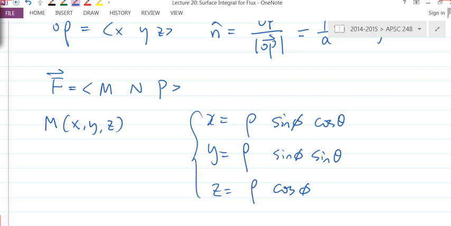This is the coordinate change between Cartesian and spherical. Do you remember that? But now we're talking about the spherical surface of a radius of A. So instead of rho, we actually just have to use A.